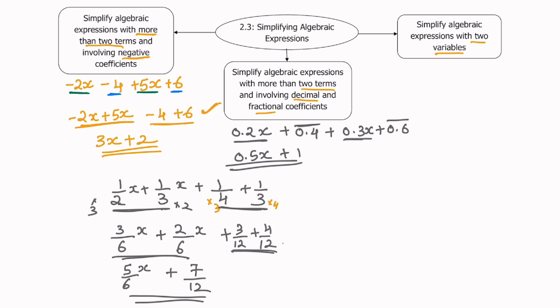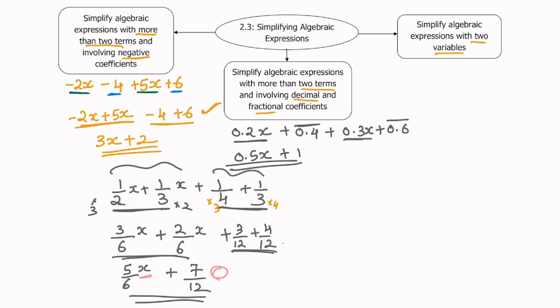No, they are not like terms, remember, because here we have x and here we don't have x. So we cannot add them. This is the final answer. So it's the same thing like the first chapter. The only difference here is you have two terms. That's it. But the process remains the same. So if you are through with the first chapter, this chapter goes easy for you.